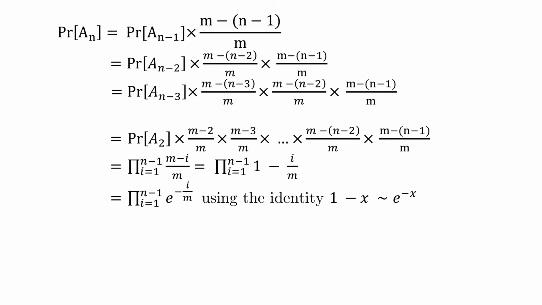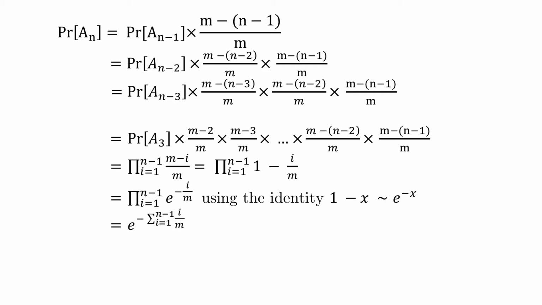Since this is a product and since we have exponentials here, we can use the property of exponentials to add up the exponents right here. When we add up the exponents, we get e to the negative summation that goes from i to n minus 1.